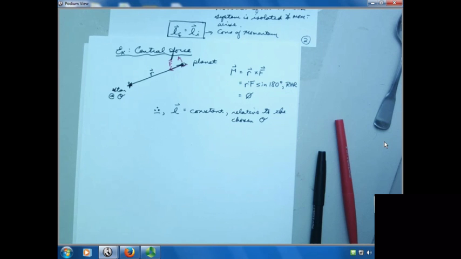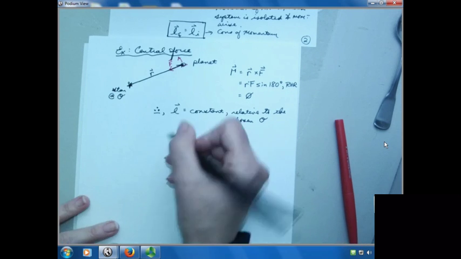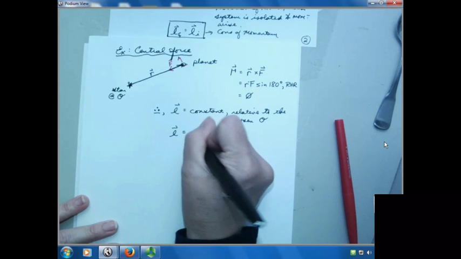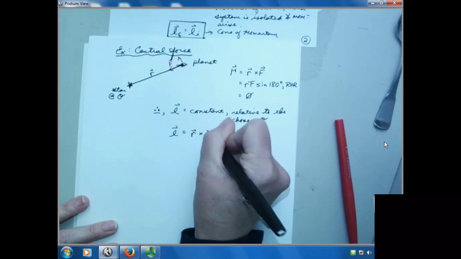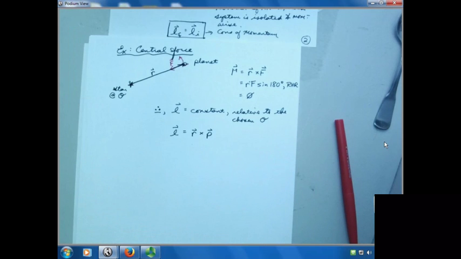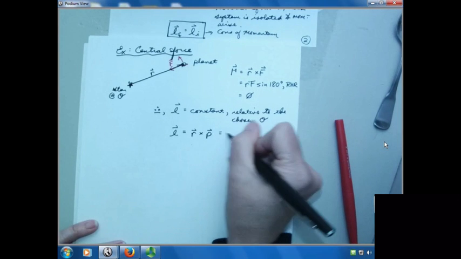Okay, the other thing that's interesting about this result is that L is equal to R cross P, and that is equal to a constant.